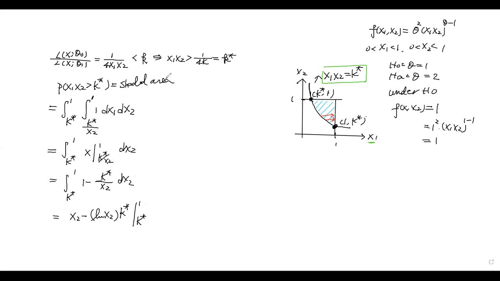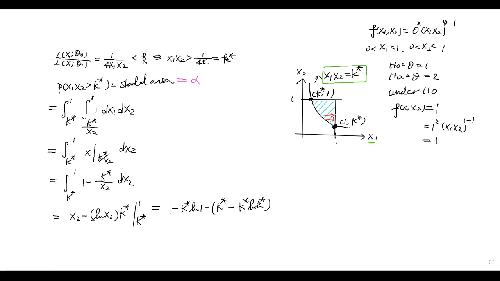And I know this is a greater-than test, so this area is my critical region, so it's alpha. Be careful here. Now let's substitute: 1 minus k star natural log 1, minus k star minus k star natural log k star.